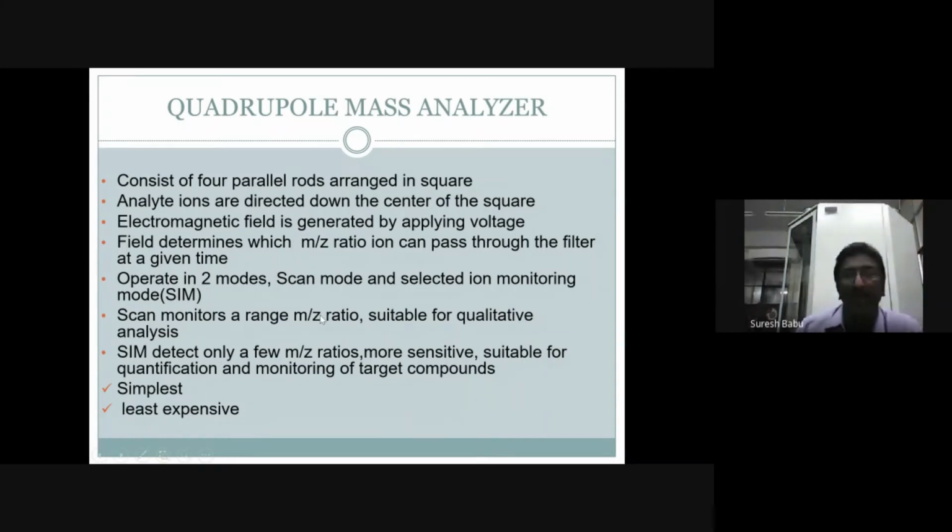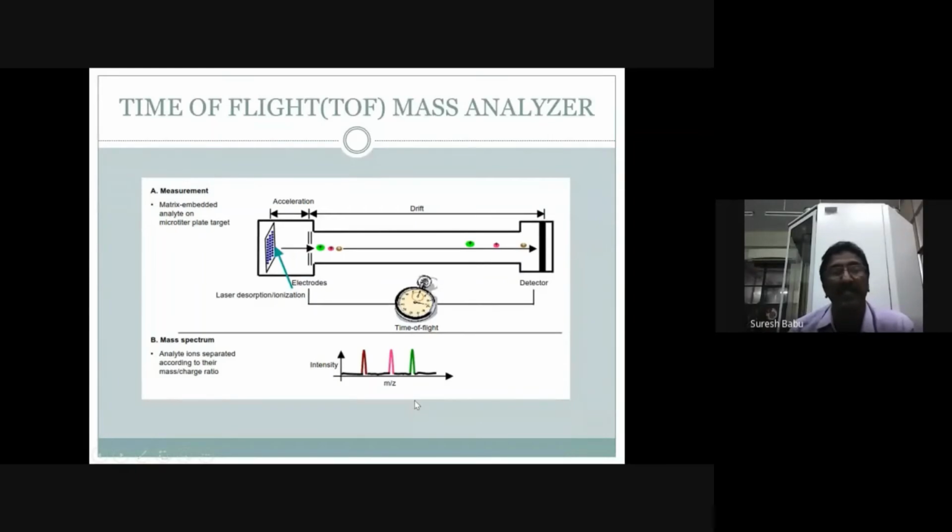So scan mode can be used only for qualitative analysis, but SIM mode can be used for quantitative analysis also. And this technique is the simplest and least expensive mass separation technique.